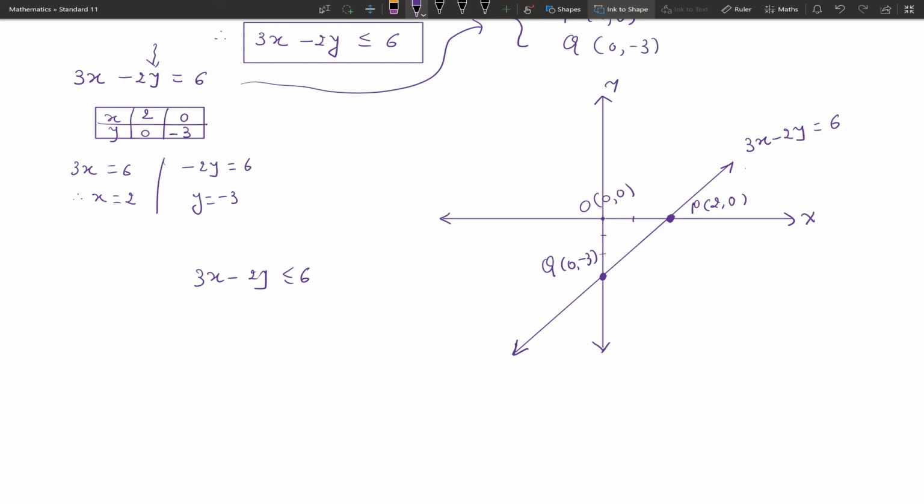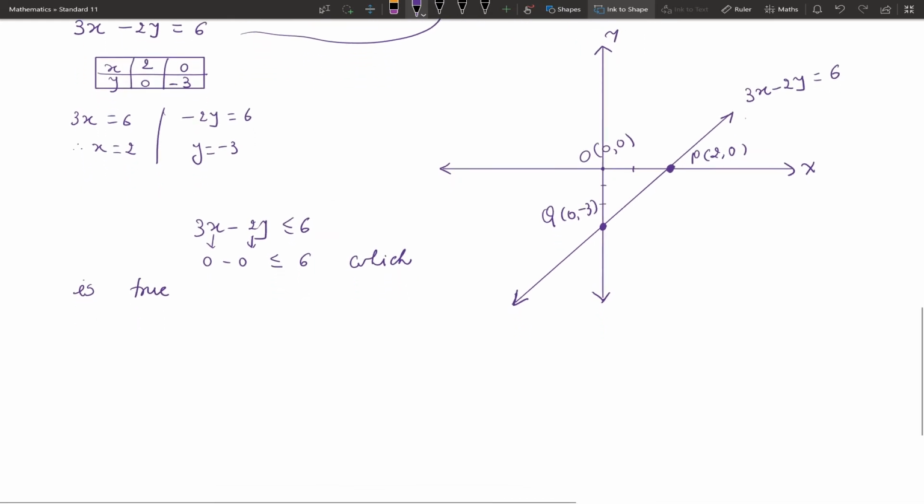Put x equal to 0, y equal to 0, 0 less than or equal to 6, which is true. And therefore the solution portion contains the origin.